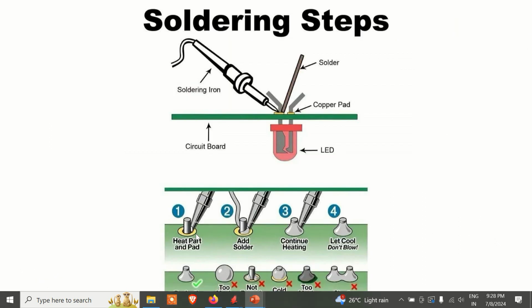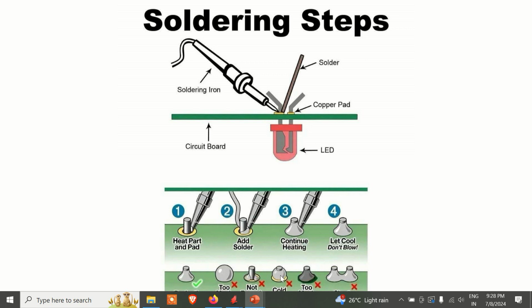As you can see in the tips on the slide: heat the part, add the solder, continue heating, and let it settle down. You can see it looks properly settled down, and it should look uniform. Now some do's and don'ts. This is the proper shape, but this one, where the metal is not melted, looks like a ball, round shape.